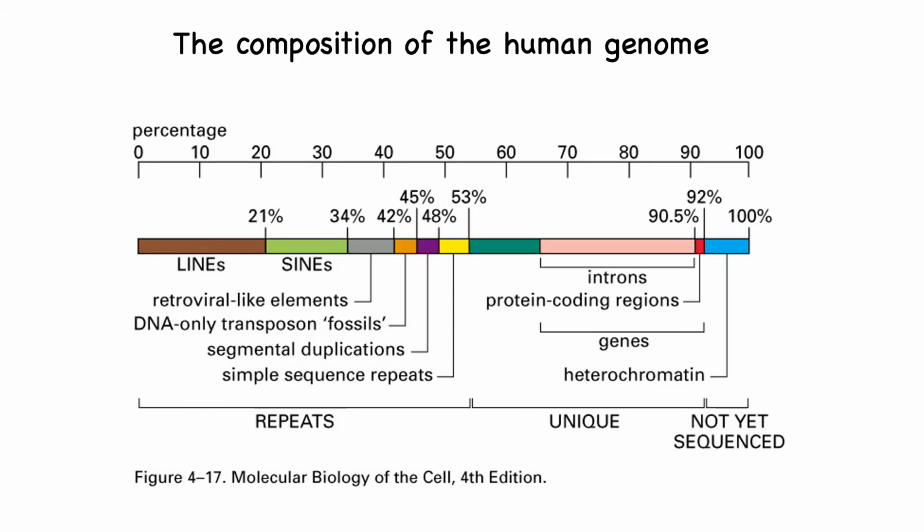And when we looked at the schematic of the human genome, we saw that this little purple region between 45 and 48% depicts the amount of DNA that might be duplicated at any given time in a genome.